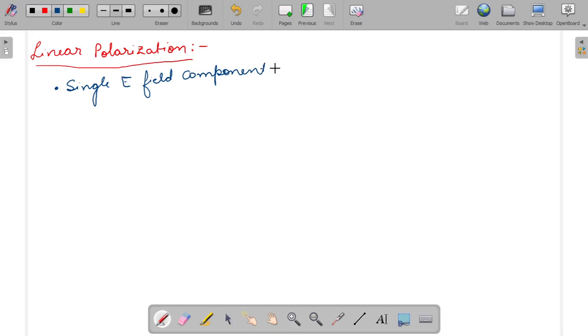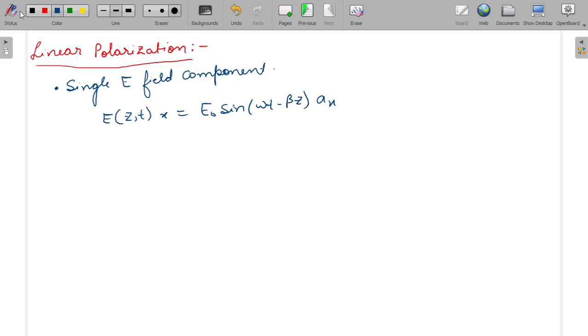Single E field component means the electric field will have a single component in one direction. That can be given as E(z,t) = E naught sin(omega t minus beta z) ax. Whenever the equation of electric field is given like this, it is linear polarization. See here, the electric field has only one component and that is in the ax direction.